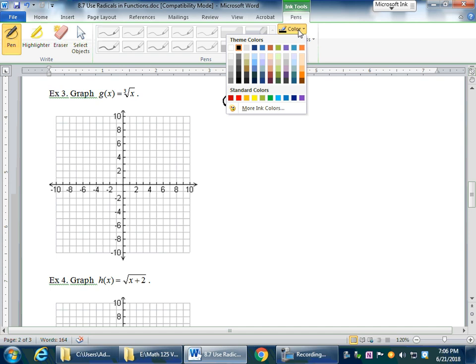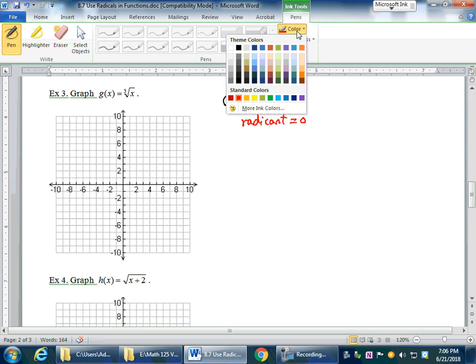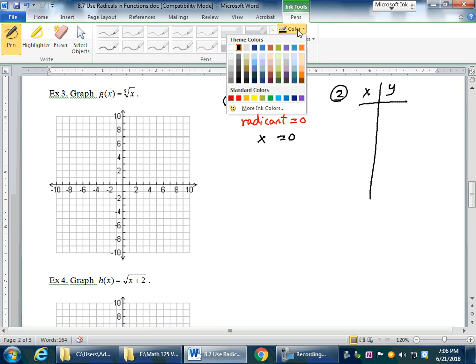That is basically when the radicand is equal to 0. So in this case, x is equal to 0. That's my center. Now I'm going to plot the points, and first I'm going to plug in my center.